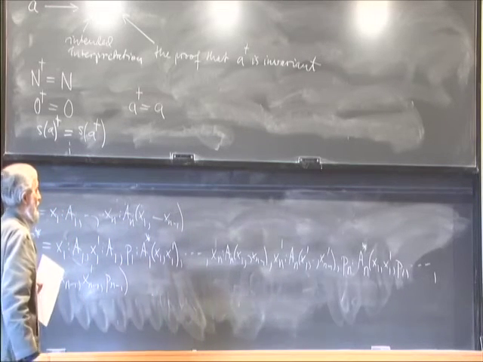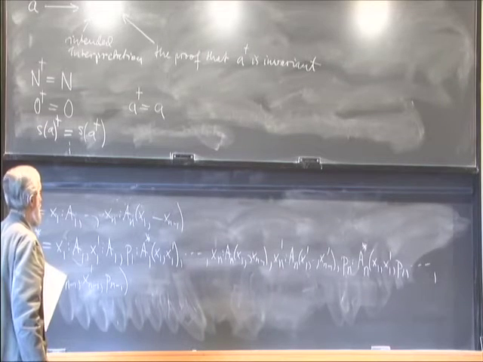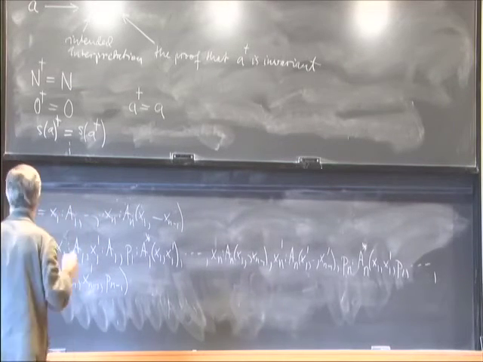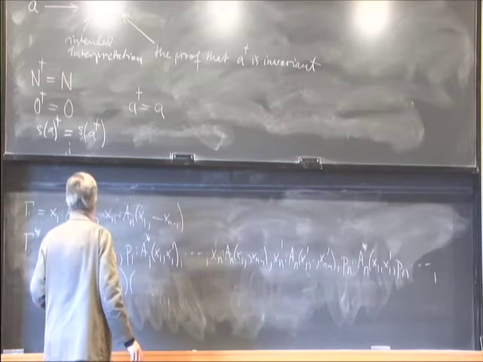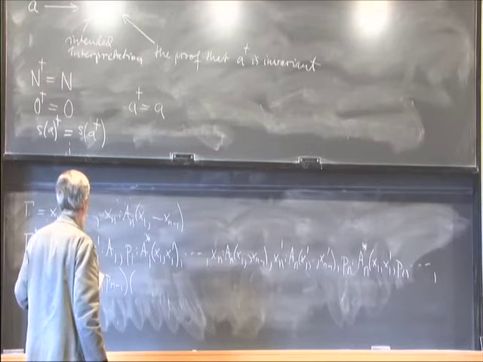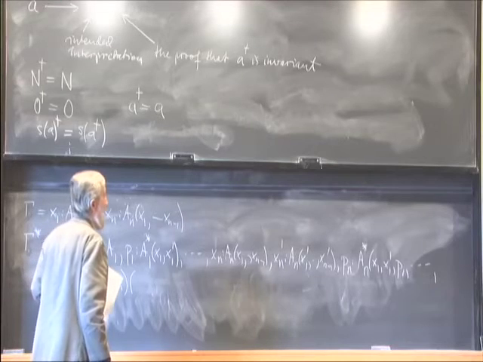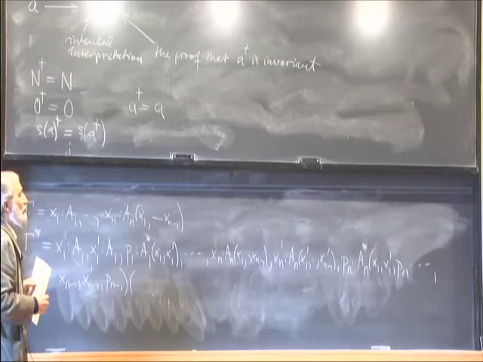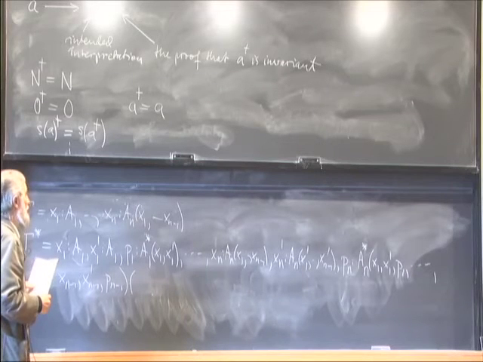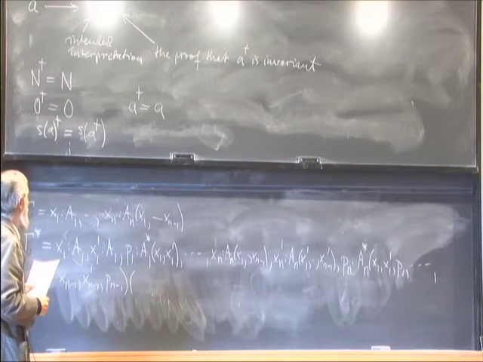And what is An star with those arguments? Well, it is a relation, because of what I have already said. It's a relation between An of x1 up to xn minus 1 and An of x1 prime up to xn minus 1 prime.